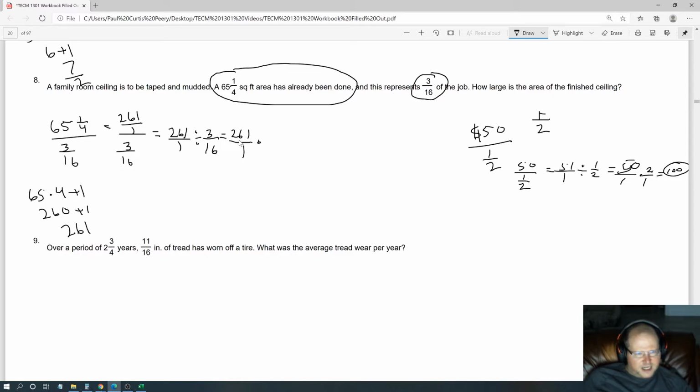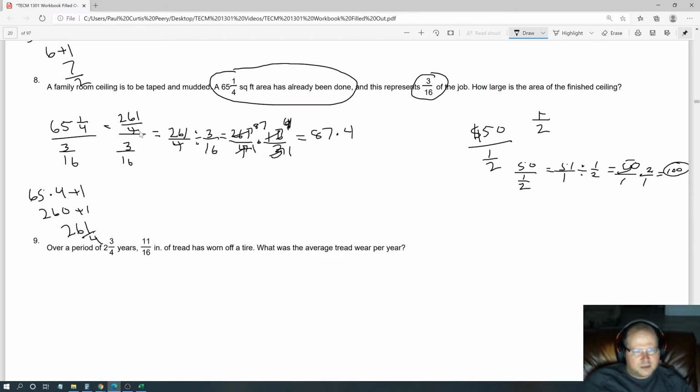Okay, so at this point, we're going to keep the 261, and instead of division, we're multiplying. Instead of dividing by 3/16, we're multiplying by 16/3. It looks like I forgot to write my 4 here. I don't know why. Put that 4 right there. So I can divide the 16 by 4, which gives me 4, and the 4 by 4, which gives me 1. And I can divide 261 by 3, which gives me 87, and 3 by 3, which gives me a 1, which means I'm good with 87 times 4.